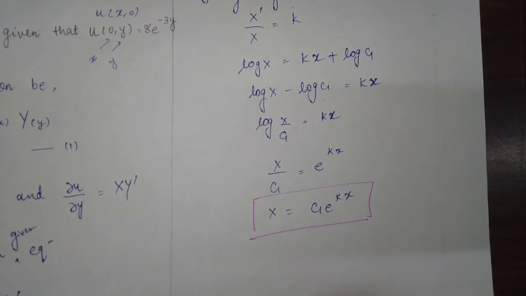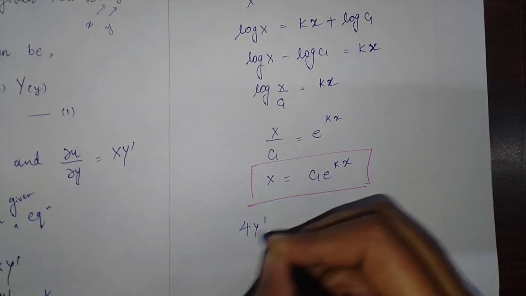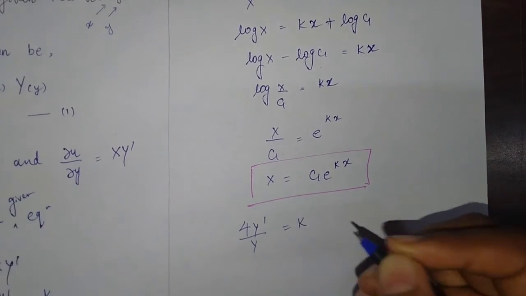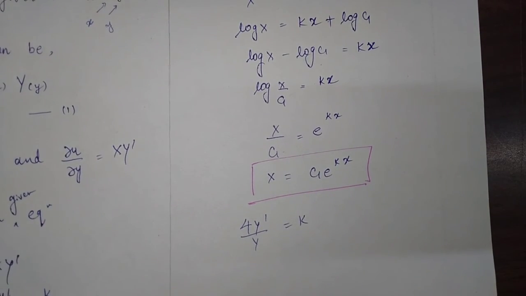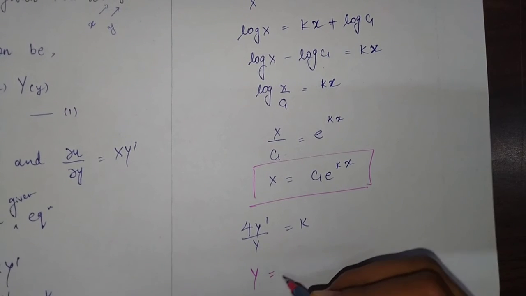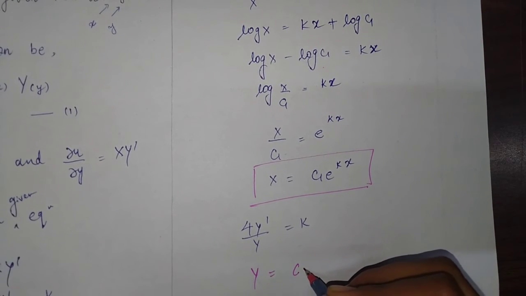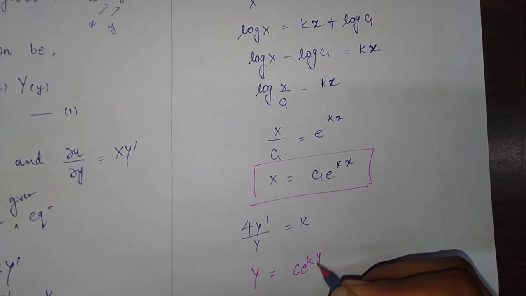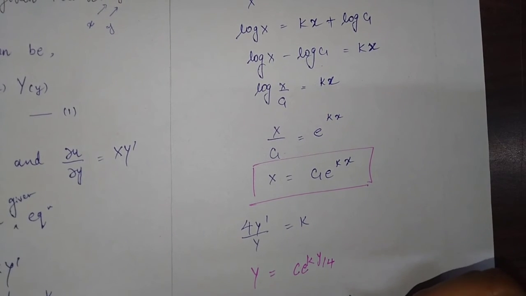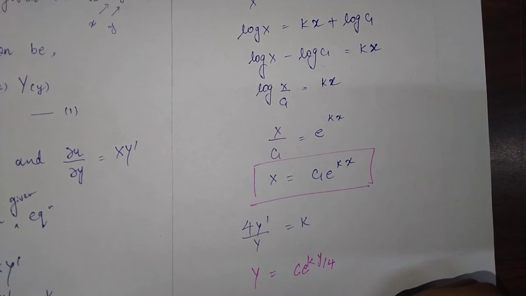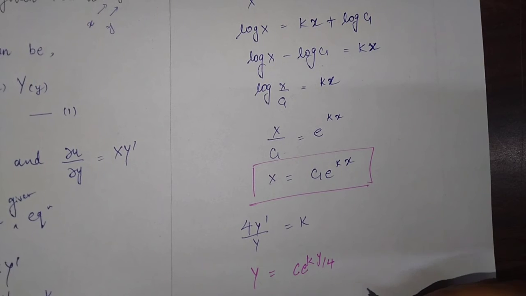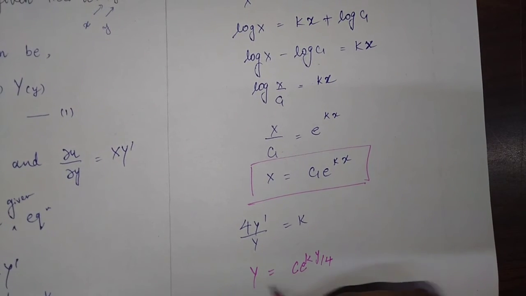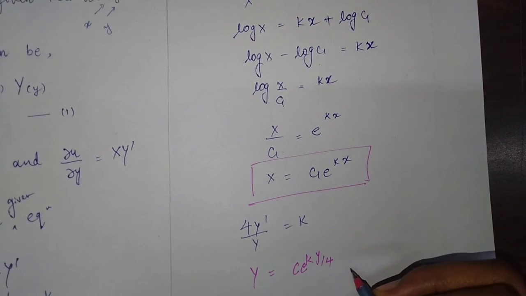And similarly, if you integrate 4Y dash by Y equal to k, now you all know how to integrate, then you will get Y equal to c into e raised to ky by 4.